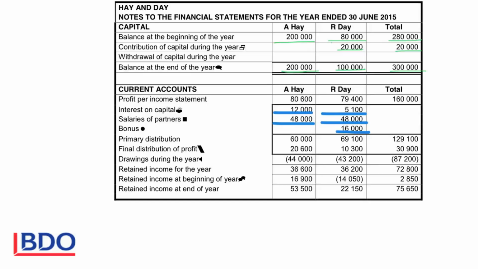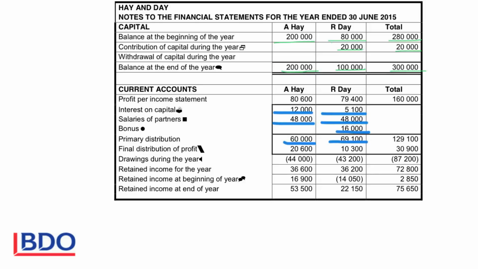I add up the figures to see what is the primary distribution. So the 12 plus the 48 will give me 60,000. The 5,100 plus 48,000 plus 16,000 will give me 69,100.